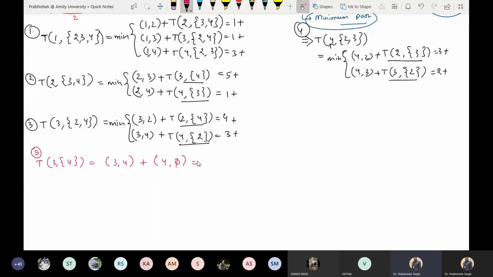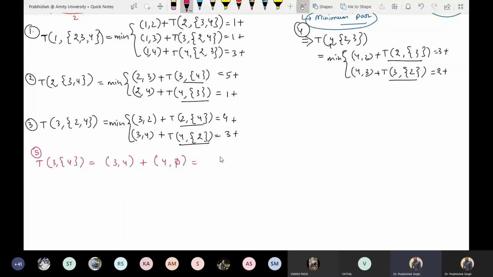This null has a representation. Don't understand it as going nowhere. This null means now you have done your work. The salesman has traveled the whole distance and sold his product. Now he has to return to his original vertex. This null means this. So what is 3 to 4?